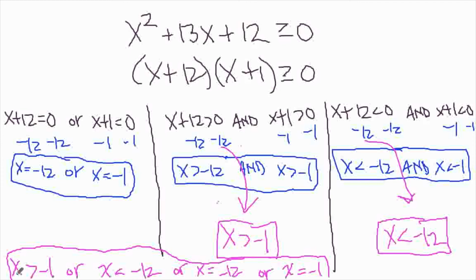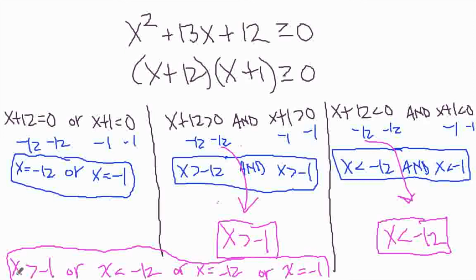So you can look at x bigger than minus 1. It doesn't have to be, but that's one possibility. Well, how about 0? Isn't 0 bigger than minus 1? Plug in 0 in the original inequality and you'll get 12 is greater than or equal to 0. That checks out. Now, the second condition says x is less than minus 12.